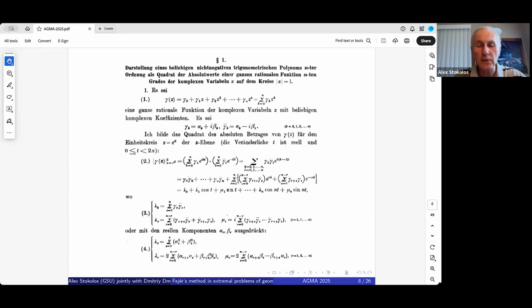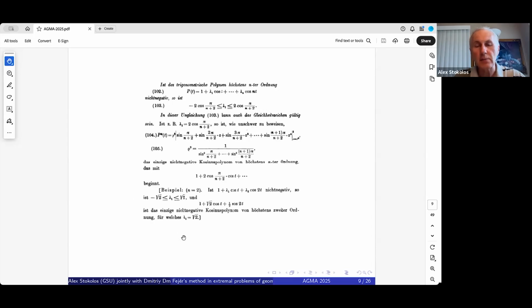This way, if you want to find the optimal estimates for the coefficients lambdas and mus, you can employ methods of quadratic optimization, which were available at that time. It's kind of a Rayleigh type theorem. And using these ideas, he obtains the following statement.